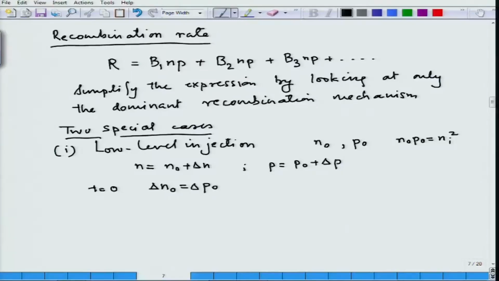And then in the recombination process, at every instant you are going to recombine one electron with one hole, which basically also means that delta N is always going to be delta P in this process.